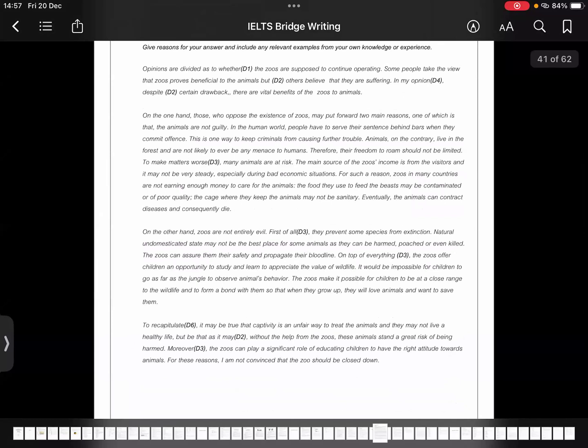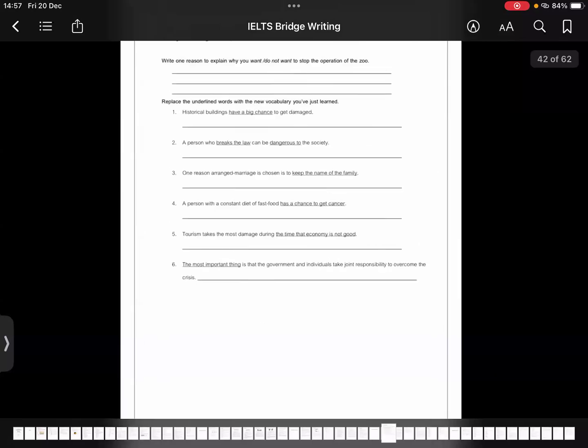Okay, so basically we say that zoos play a critical role in conserving endangered species. And also, the second point is about education and awareness. So we basically say that zoos educate the public about wildlife, biodiversity, and the importance of conservation, right? Okay, so I think the third reason could be about economic benefits and community engagement.